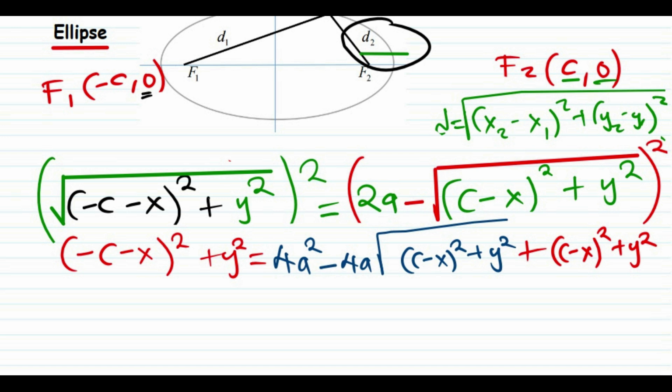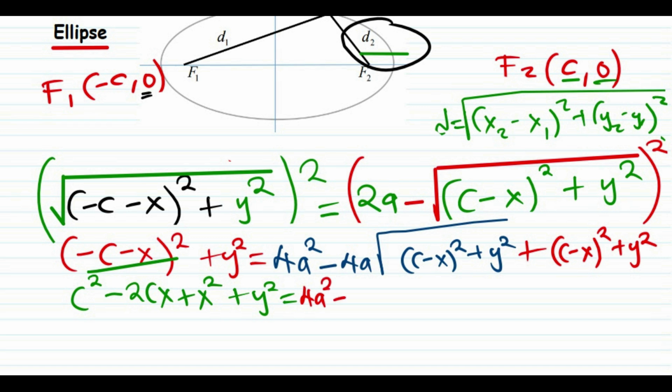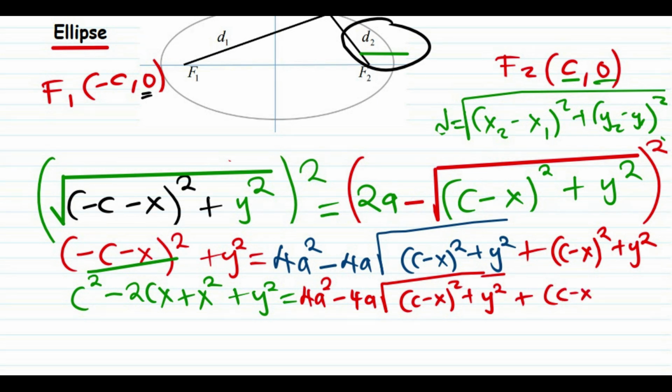Okay, now we can just try to simplify what we have a little bit. So we've got negative c minus x squared. Again, if you multiply negative c by negative c, you're going to end up with c squared minus 2cx plus x squared, and then of course y squared, equal to 4a squared minus 4a, the square root of c minus x squared plus y squared, and then plus c minus x squared, which we can also expand.